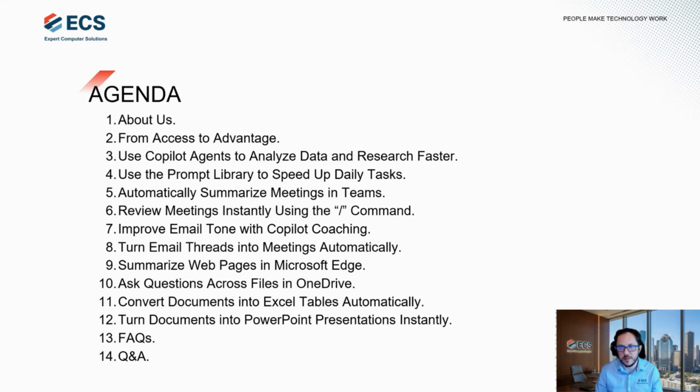We'll talk about access and advantages, the Copilot's agents and how they work, prompt libraries within Copilot, automatic summarizing of meetings, shortcuts that you could use that will get you really the benefit of Copilot, that's why I think you should have it, improve email communications, turn emails into meetings and threads, summarization of web pages, and then tools within OneDrive that will be helpful for you, Excel and PowerPoint. With that in mind, I am going to jump right in.